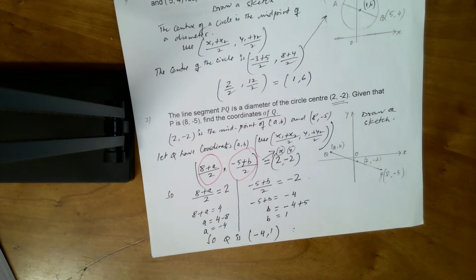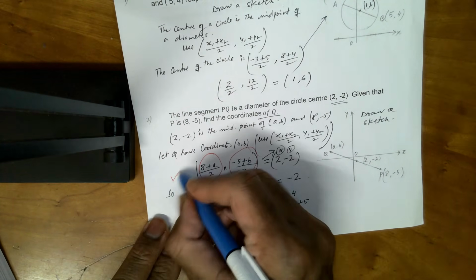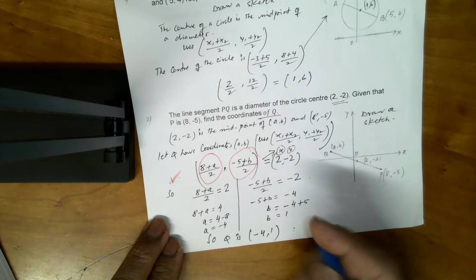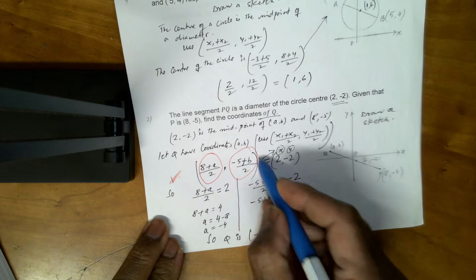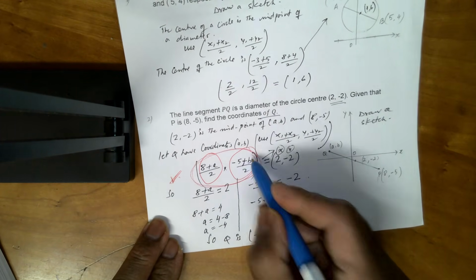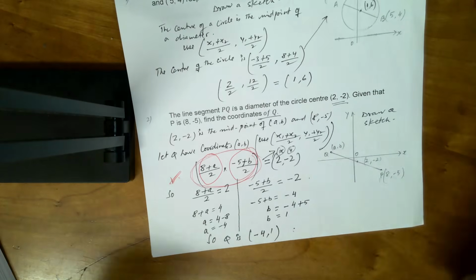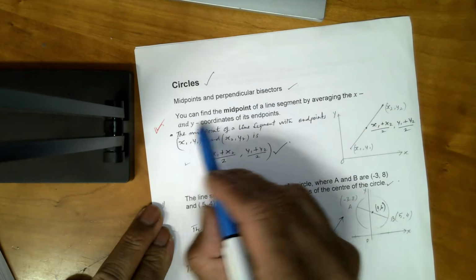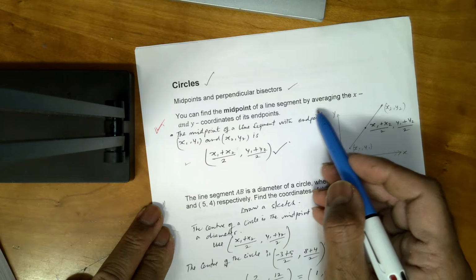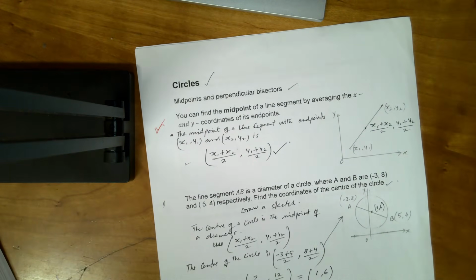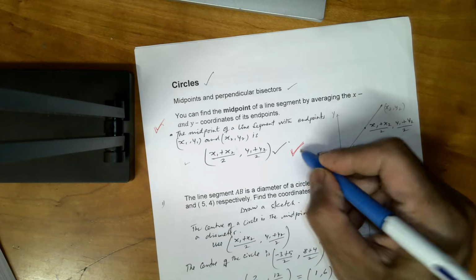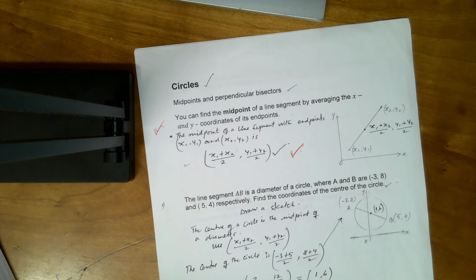You just make this statement from above equal to your midpoint. This is what we got from here: you can find the midpoint of the line segment by averaging the x and y coordinates of its endpoints. And this is what we achieved this time.